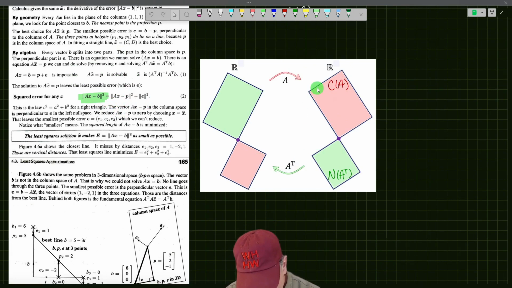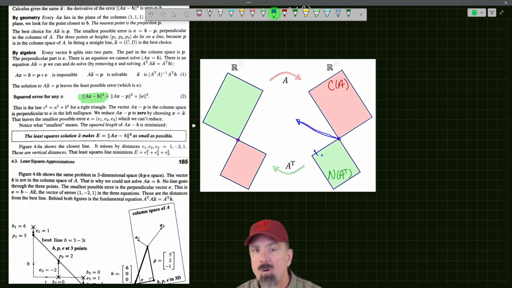What we have here, very much along the lines of what you already understand, is our vector B somewhere over here. Remember, we have these orthogonal subspaces, our 4 fundamental subspaces. The column space of A and the null space of A transpose are orthogonal to one another.